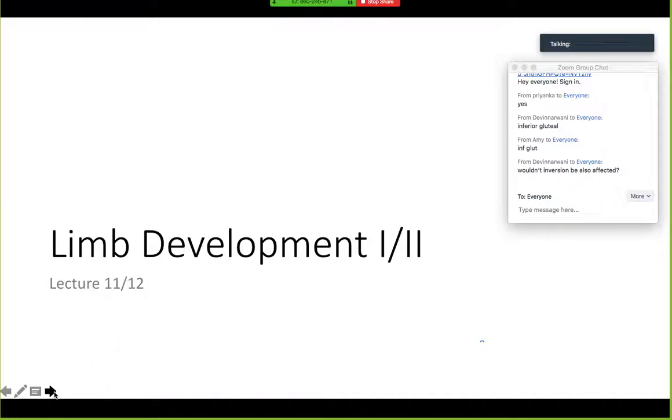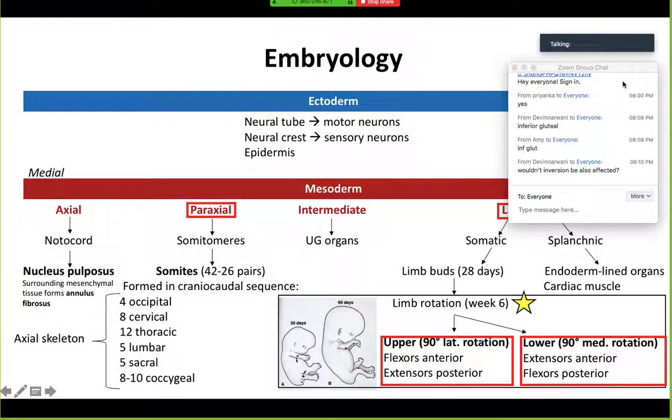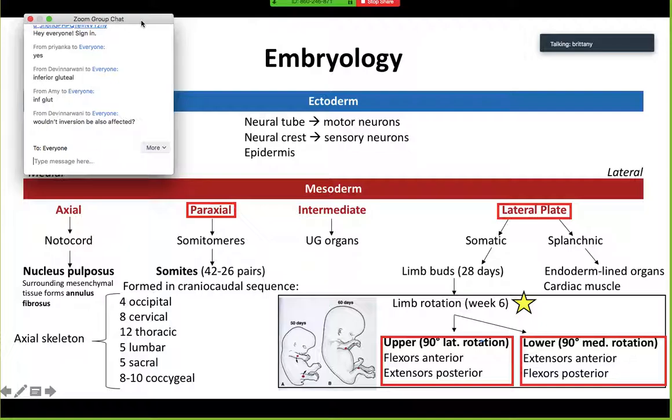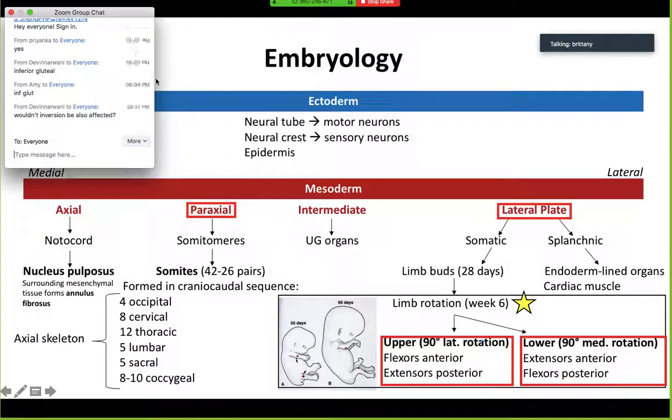Okay, so limb development. In my opinion, Dr. Gassler is kind of notorious for using a lot of slides to make not that many points. So I think this has narrowed it down to like 8 or 10 slides, and it's pretty inclusive of everything that was in his lecture.